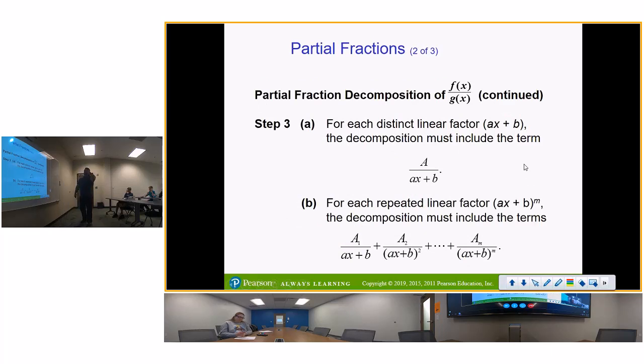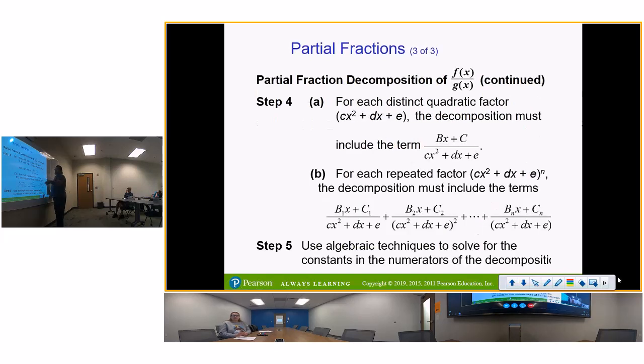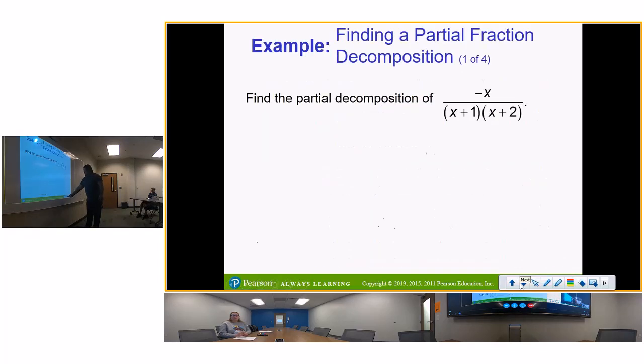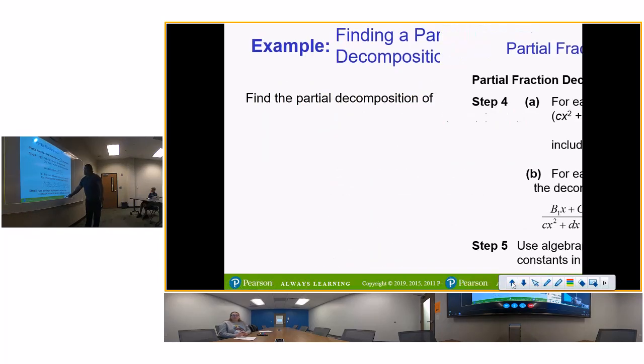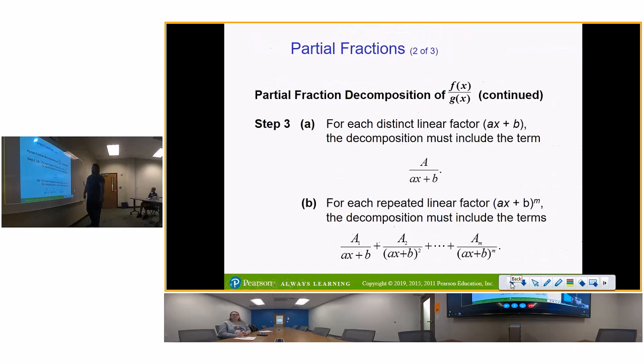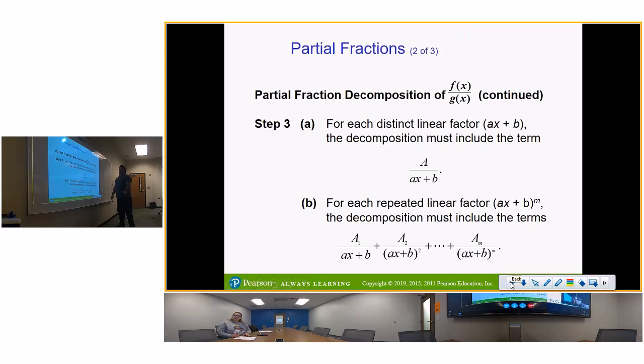All right. For each different model, you're going to be given a template. Now, if you just have 2x over x squared minus 1, or whatever the case may be, then you're going to use this: A over ax plus b.